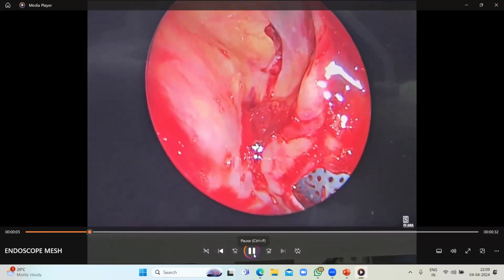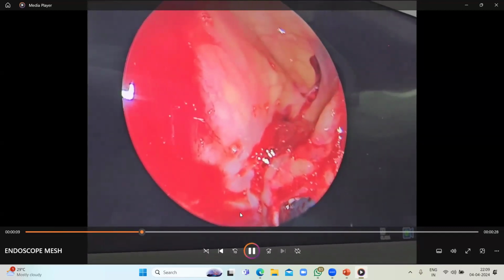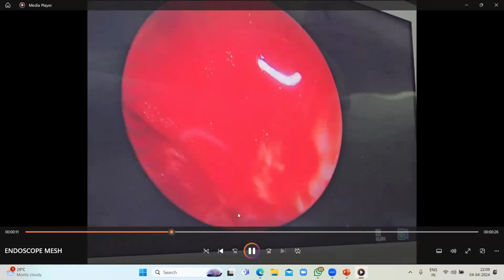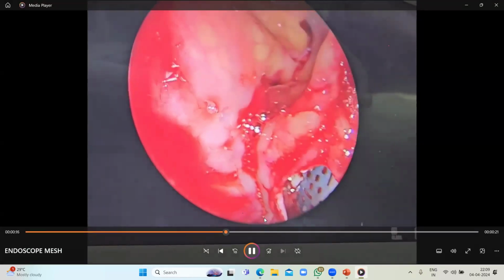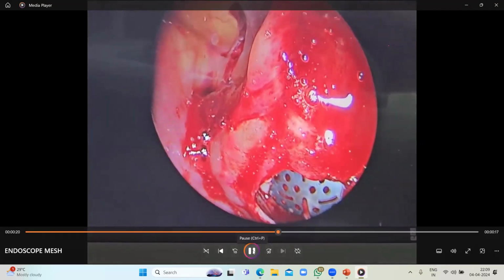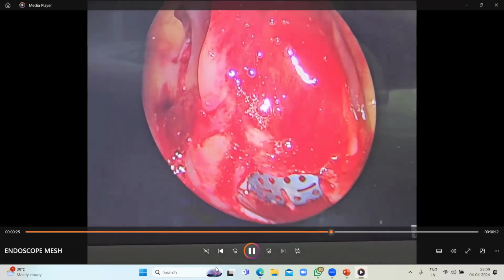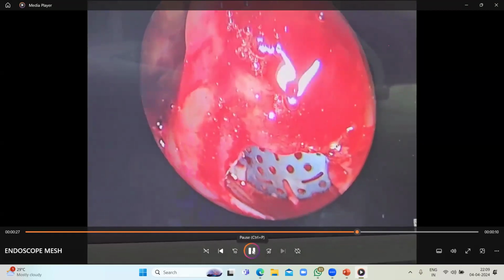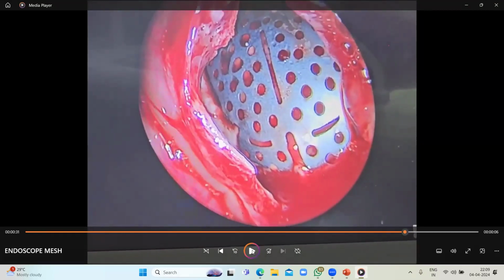Yes, here. This is the infraorbital region. Posteriorly, when you approach, your defect is seen, the mesh which you have placed is seen. But there is a problem here. If you see clearly, the mesh is not adapted to the posterior ledge properly. You can see it is slightly sticking out, with a difference between the floor and the mesh.